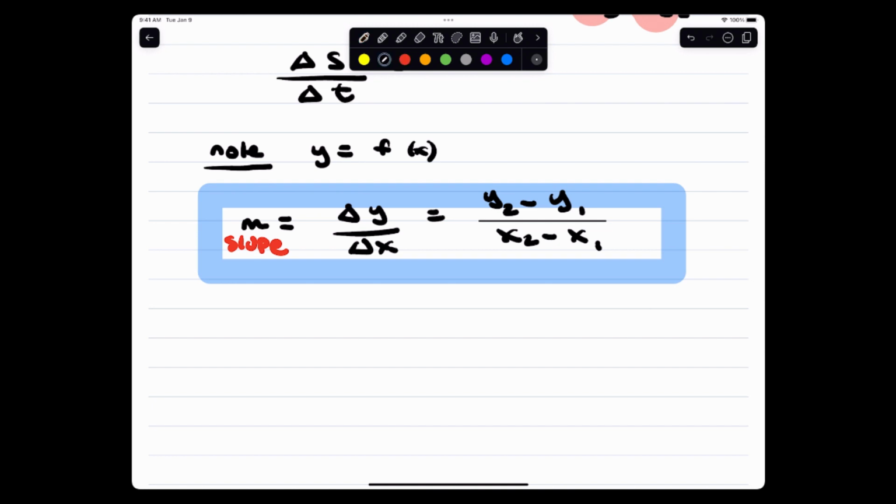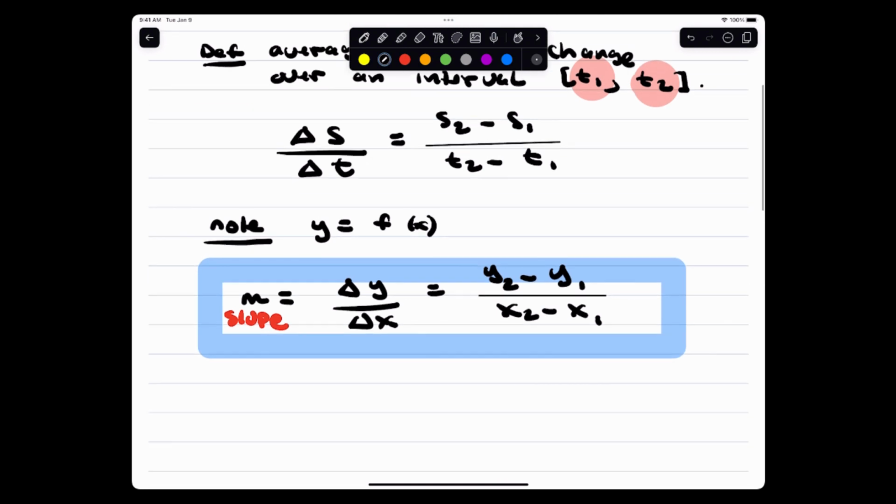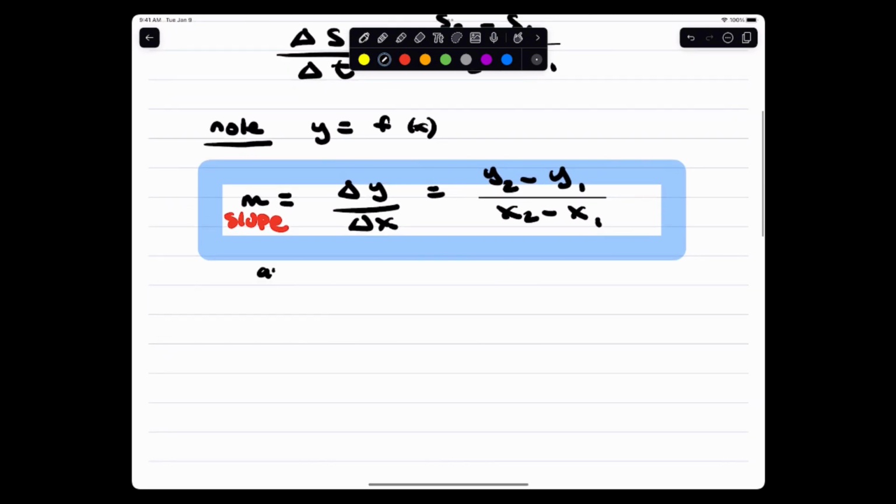Now, what's delta S over delta T? It's the same thing: S2 minus S1 over T2 minus T1. This is the average rate of change in general.